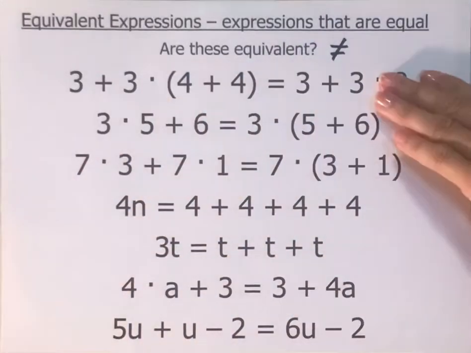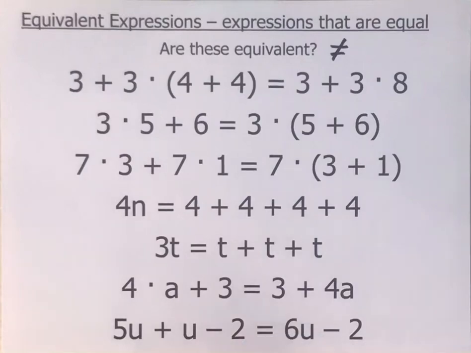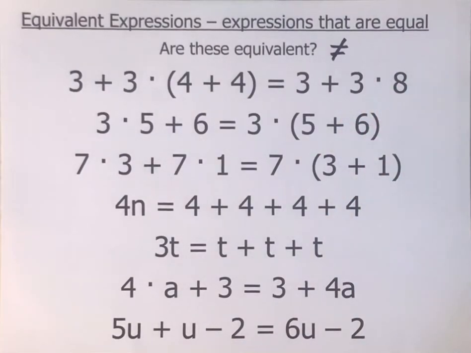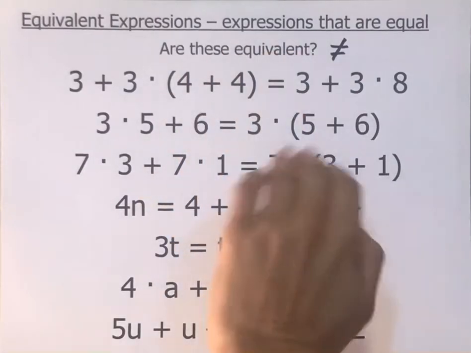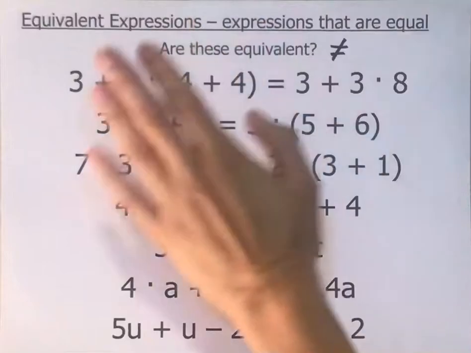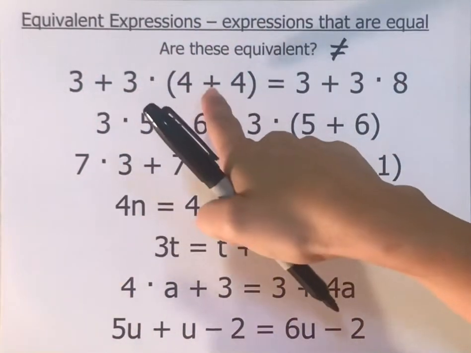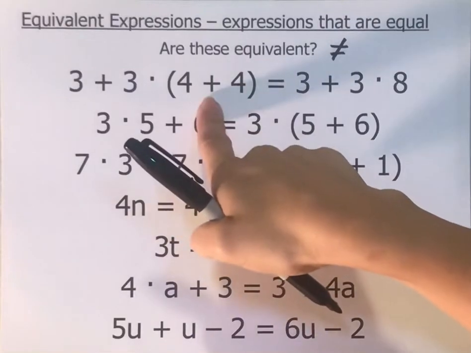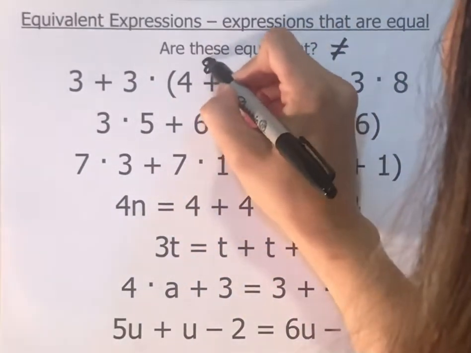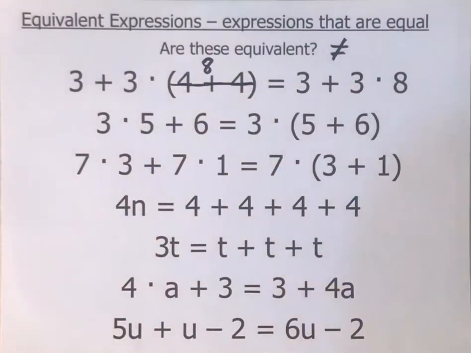So this is a numerical expression. The first three are numerical, and then the next four are algebraic. All right, so let's look at this one. I'm going to think about this side has to equal that side, which means they need to equal the same amount, okay? On this side, remember I always do parentheses first because that's what PEMDAS tells me to do. So 4 plus 4 is 8. So then I would have 8 here because that would be canceled.